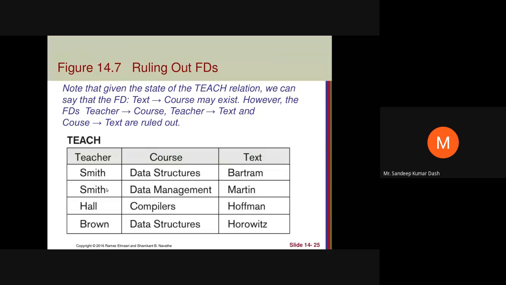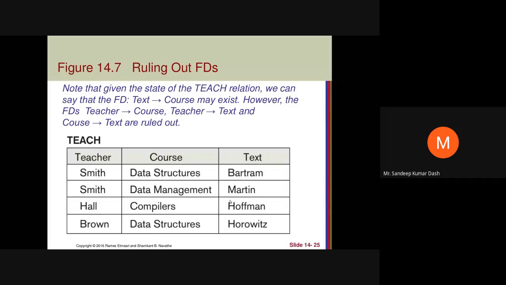Smith. So as per the rule, T1x equals T2x. Yes, this is valid. The rule says that if T1x equals T2x, then T1y should equal T2y. But here T1y is data structures, T2y is data management. These two are not the same. So the functional dependency does not exist between teacher and course. Got it?